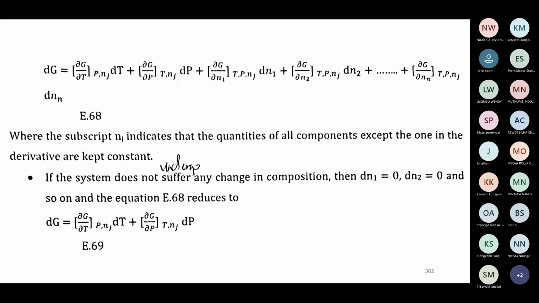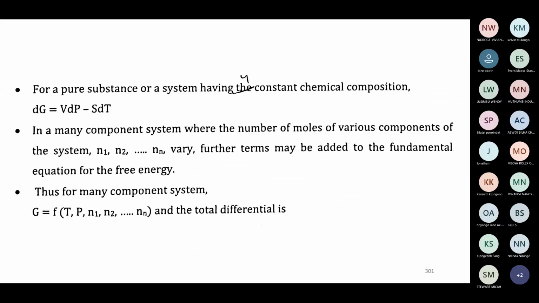It's quite a lengthy one. But if you look at it, you see that the change in Gibbs free energy is simply given by the derivative of G with respect to temperature. So you have to differentiate it with respect to all the variables. In this case, we have T, P, N1, N2, all the way to Nn.